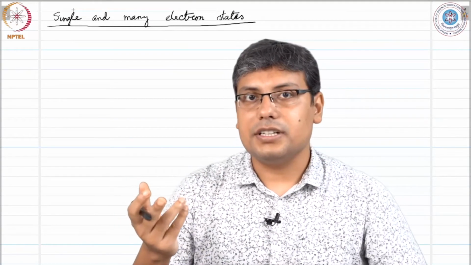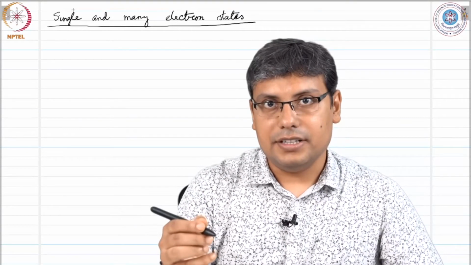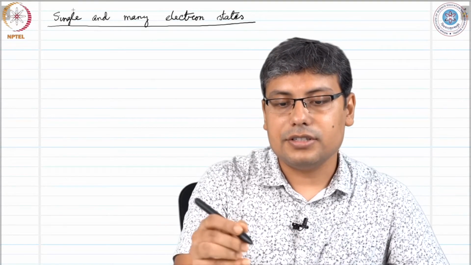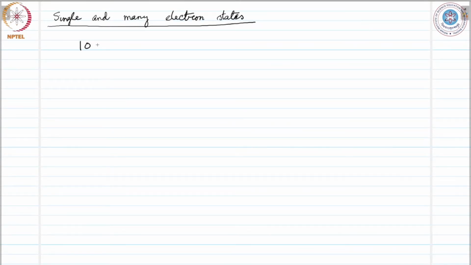In a number representation, say you have 3 electron states, and your 3 electron state may be represented as 0, 0, 1. That means the first and the second single particle states are empty, the last one is filled, or maybe as 0, 1, 0 or as 1, 0, 0.